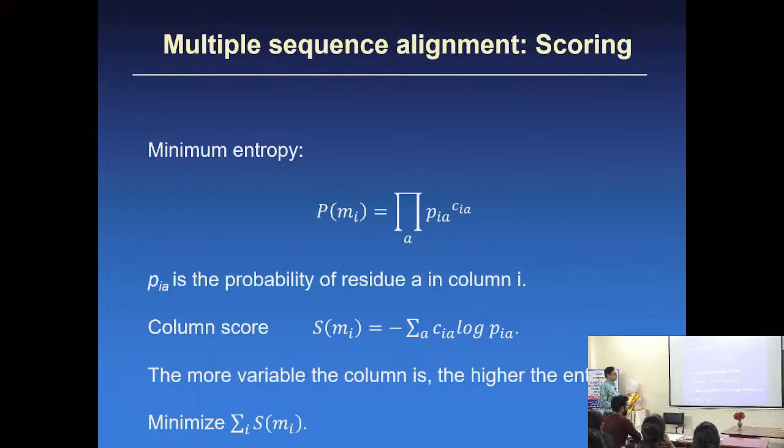This is akin to entropy. If there is 100% conservation, then it is a completely ordered system and entropy is 0. As entropy increases, it indicates more disorder.